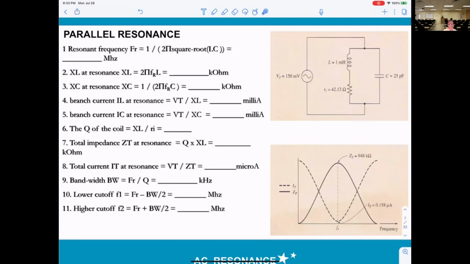Same thing, 1 over square root of L times C.